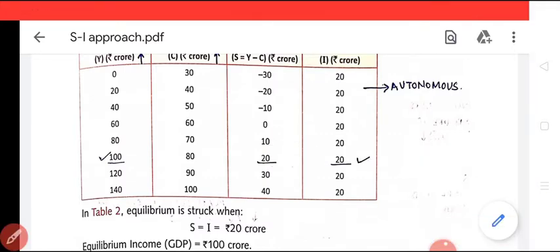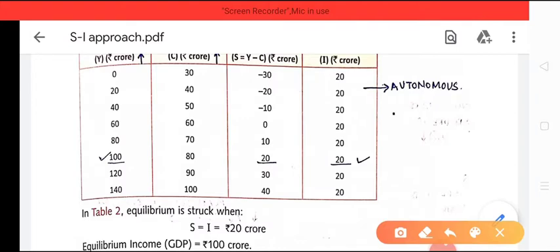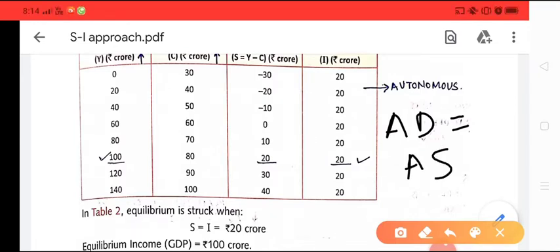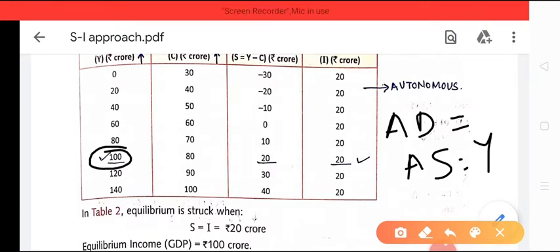Now as per the approach learnt yesterday, at the level of equilibrium, aggregate demand should be equal to aggregate supply. Let us see how this could happen. Aggregate supply is the income. Total income is also called the aggregate supply. This income is 100. Now at this point, it should be equal to AD. AD is the combination of C plus I in a two sector model.